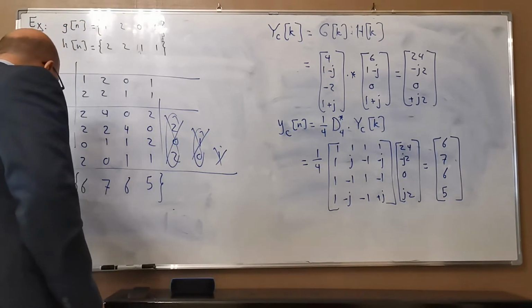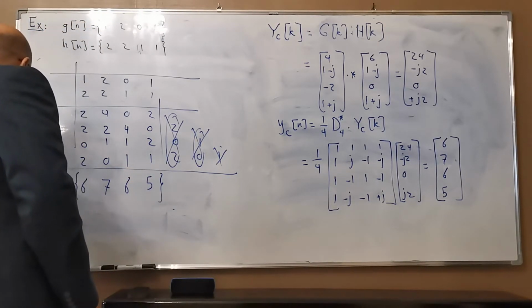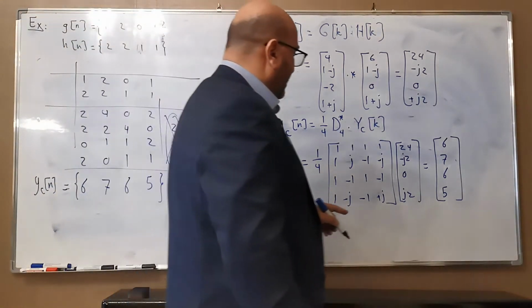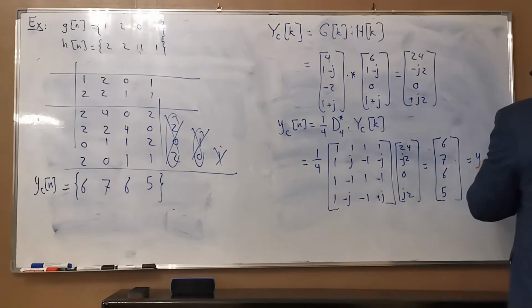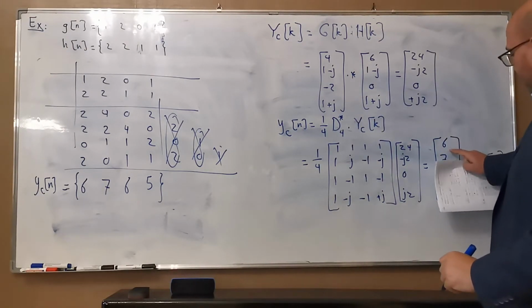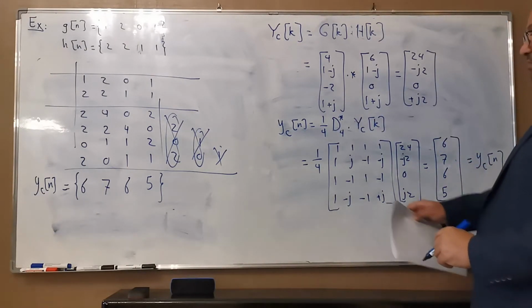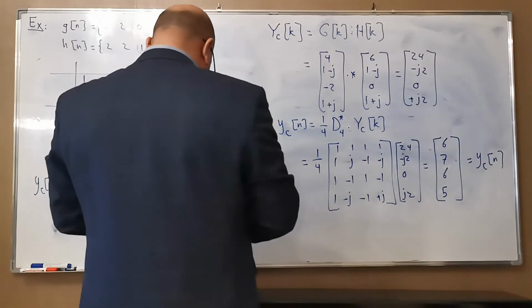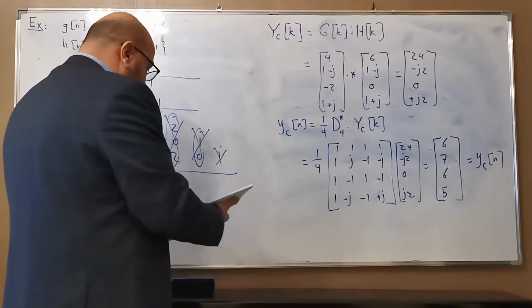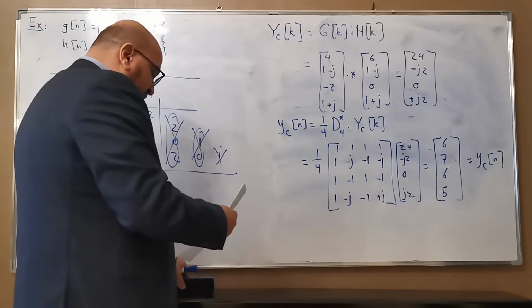And this is our yc of n. So yc of n is 6, 7, 6, and 5 by the tabular method and by the convolution theorem of the DFT. Okay?